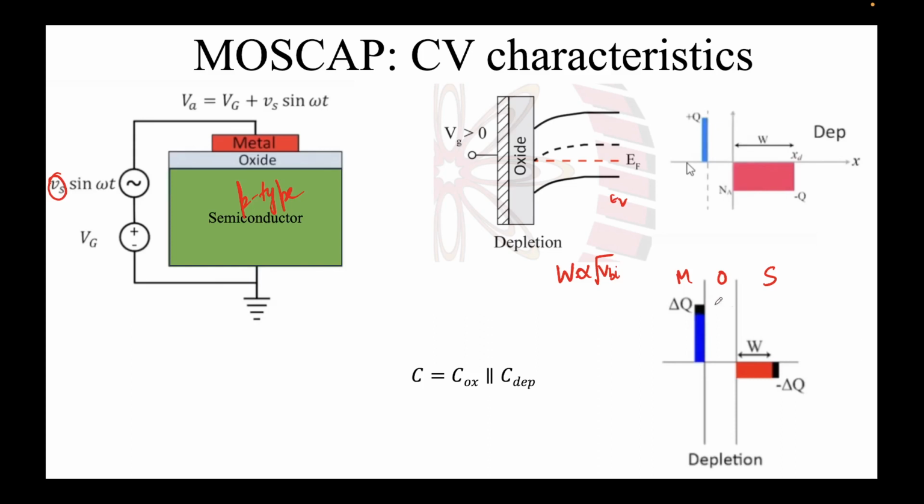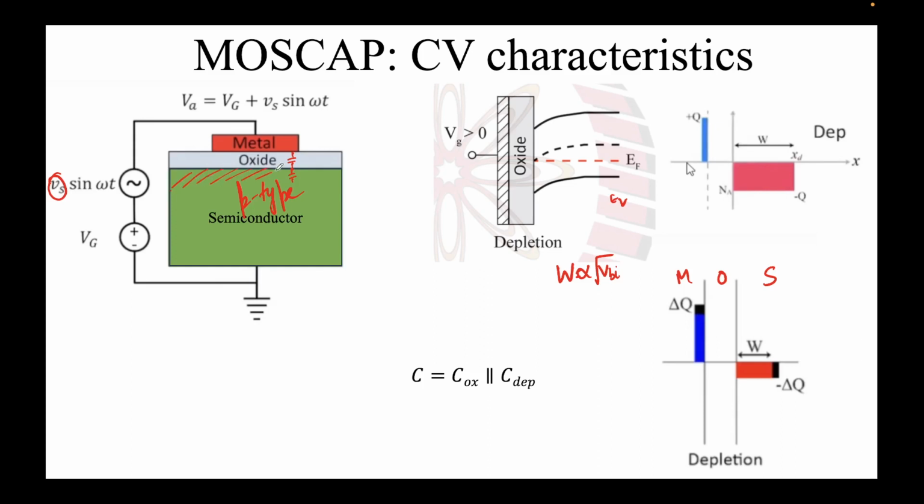Some of these field lines will pass through here and the rest will go in the semiconductor. Alternatively, you can see in this diagram there's a capacitance Cox, and another capacitance in series over here till the depletion region.